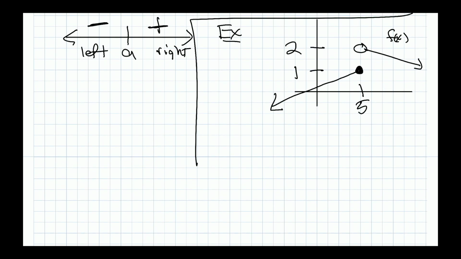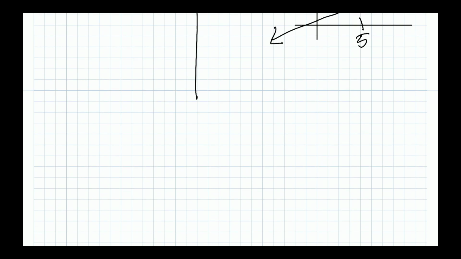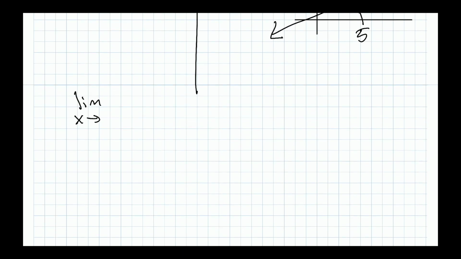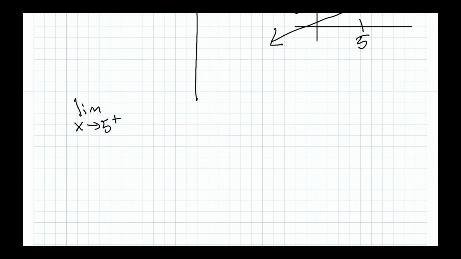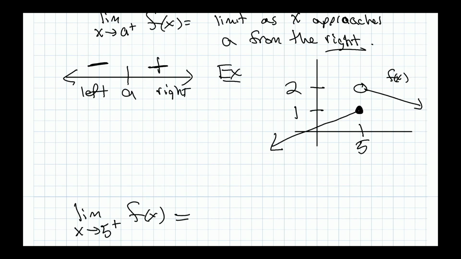And we can evaluate two limits here. So we can evaluate the limit from the right and the limit from the left. I guess I ran out of room, so I'll come down here. Limit as x approaches, what are we, 5, from the right of f of x. And we also have the limit as x approaches 5 from the left of f of x.